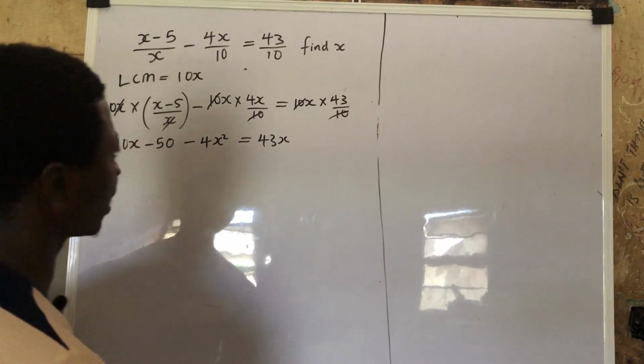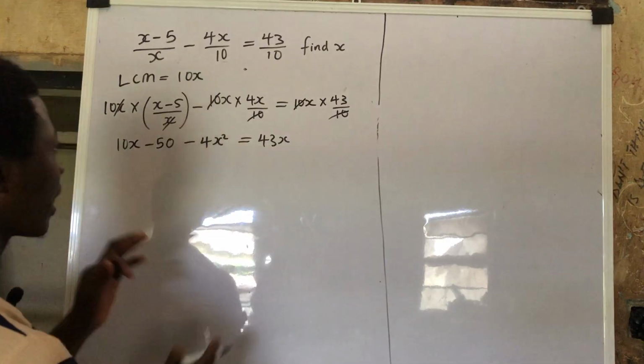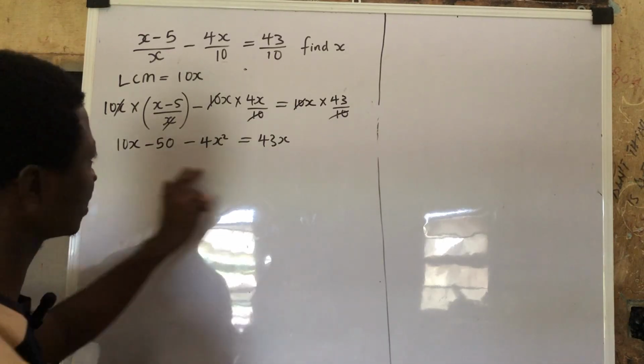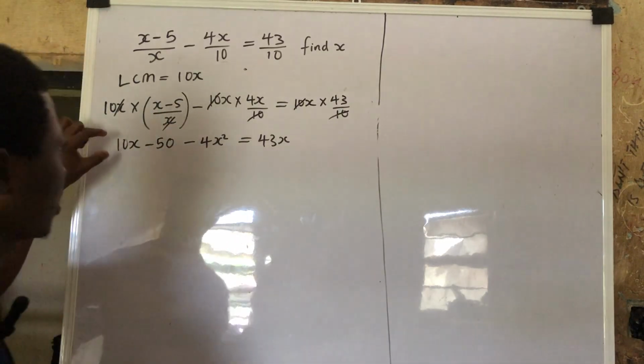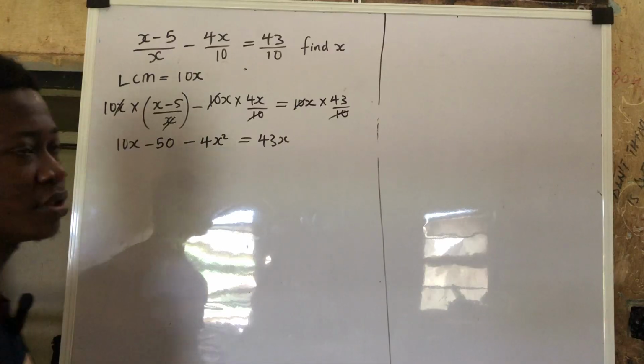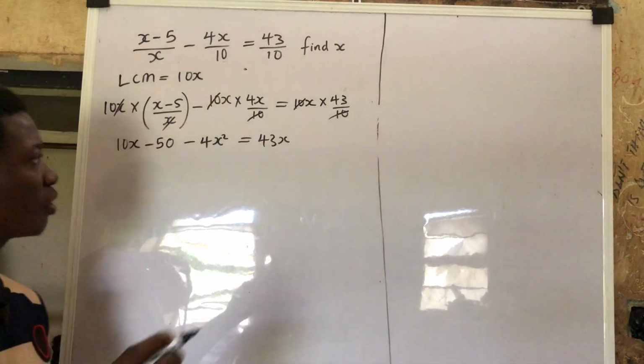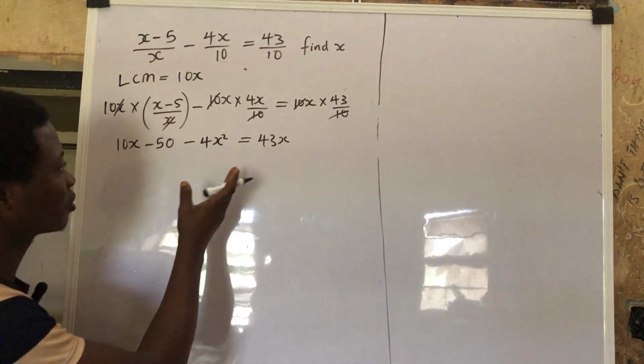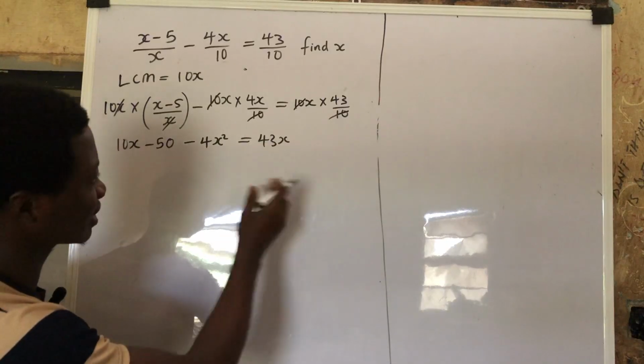What we are going to do now is to rewrite this, because from the look of things, we are likely to get a quadratic equation. So let's move everything to the other side.